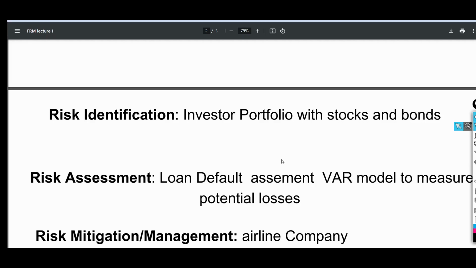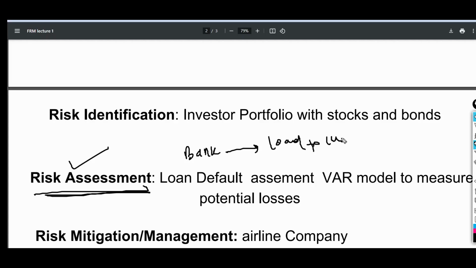Now I want to take a slightly different example for risk assessment. How can we assess the risks? Suppose there is a bank which is giving loans to customers. The bank has historical data, and through that they want to identify how much potential loss they can incur. They are assessing their risks.